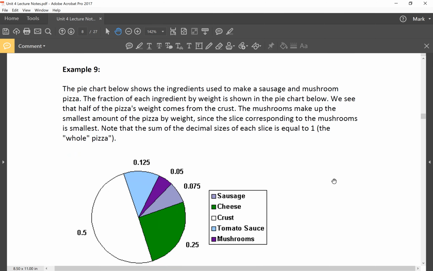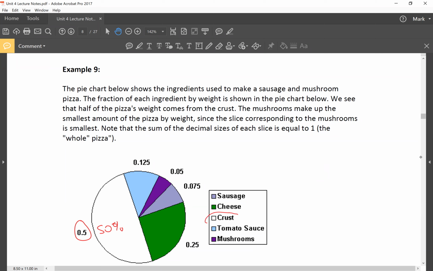So example number 9, the pie chart below shows the ingredients used to make a sausage and mushroom pizza. The fraction of each ingredient by weight is shown in the chart below. So we see that half of the pizza's weight, so 0.5, also known as 50%, comes from the crust. Now, how do I know that? It's a white piece of pie. Look at the color, it's white.